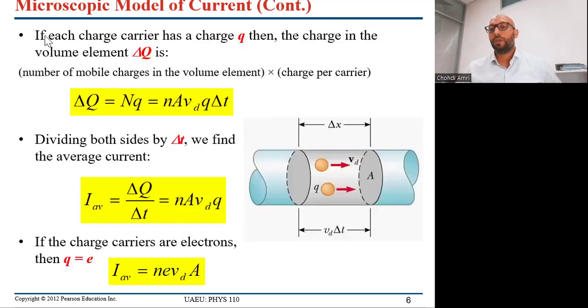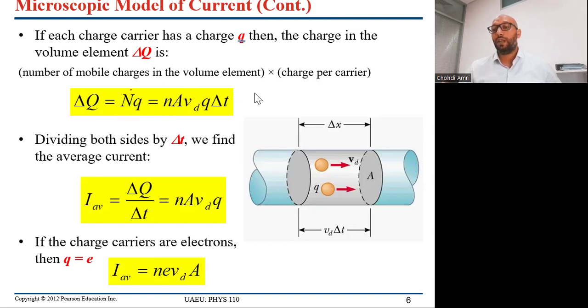Now, if we move to the charge in the volume element, if each charge carrier has a charge q, then the charge in the volume element, delta Q, is equal to the number of mobile charges in the volume element multiplied by the charge per carrier. So delta Q is the number of charges multiplied by the charge of the carrier q.